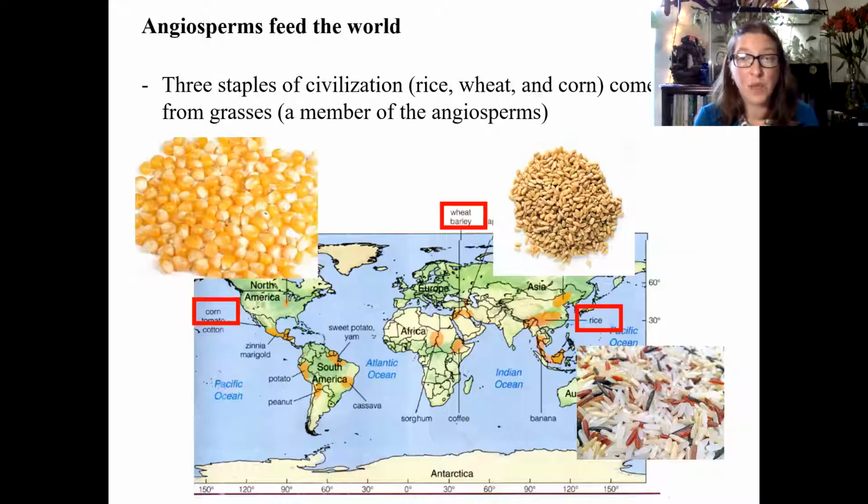These are the ones that we highlighted in that very first class that helped humans around the world stop traveling and actually build civilizations. So rice, wheat, and corn are some of those cultivated plants that allowed humans to do this. And all of those are grasses, and all of those are flowering plants. So yes, grasses are flowering plants.